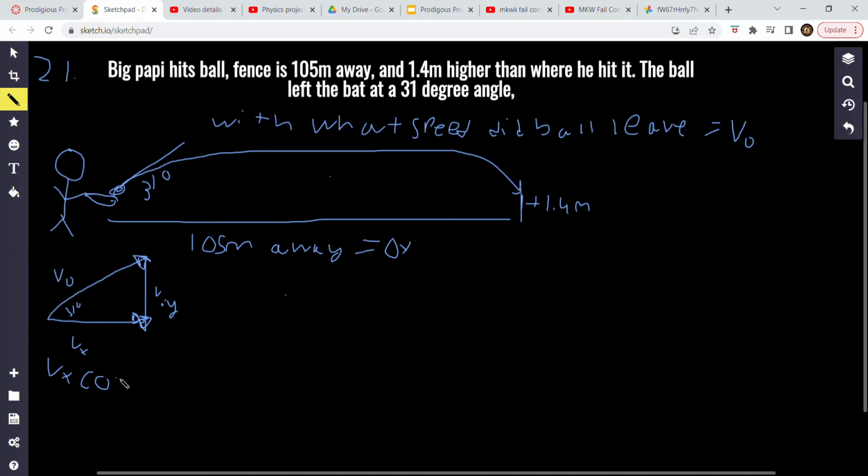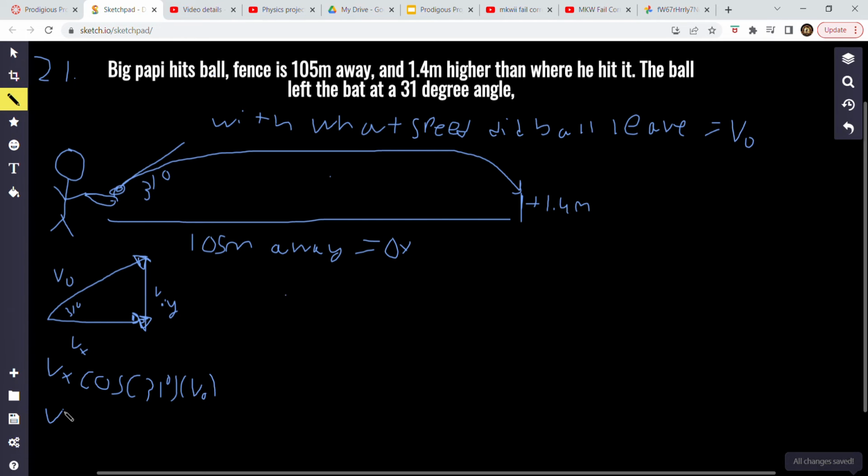cosine of 31 degrees, multiplied by the hypotenuse, because cos is adjacent over hypotenuse, as you can remember from SOHCAHTOA. So multiply it by V naught.